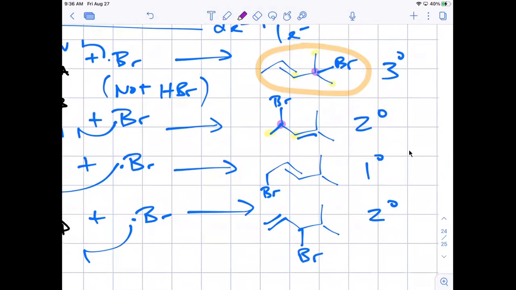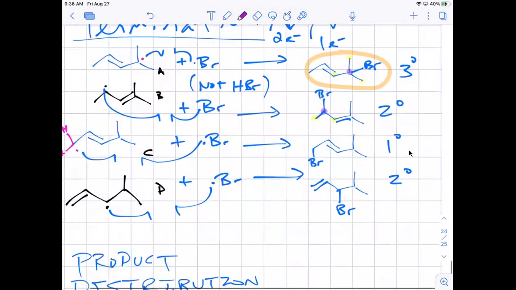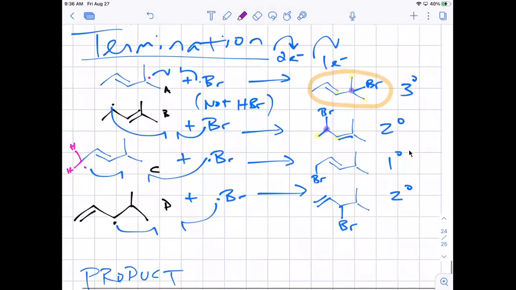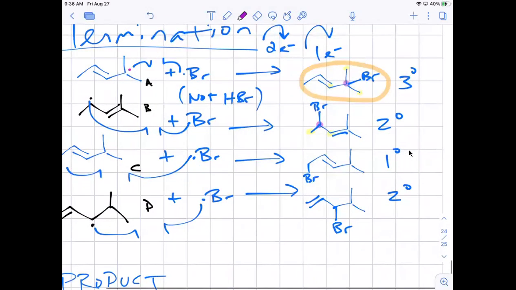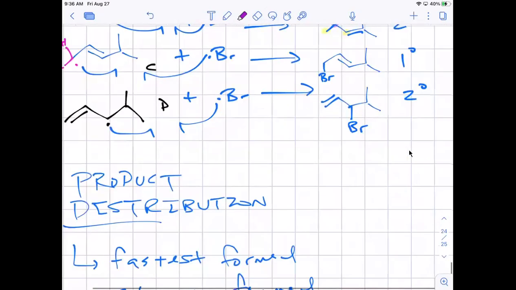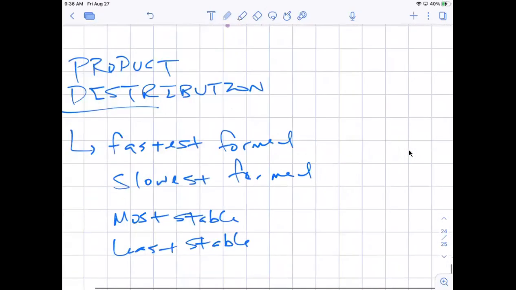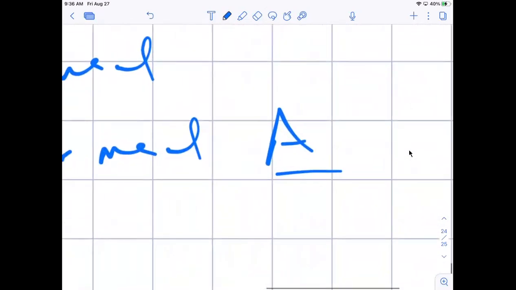So that's going to be the slowest, so we're going to call that A. Do you want to keep it A, or should I call it A1, B1, or just leave it A? Just leave it. All right, thank you. So A is going to be my slowest form because of the steric bulk at the radical.